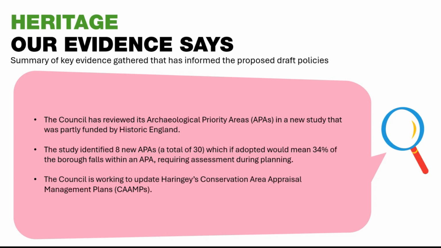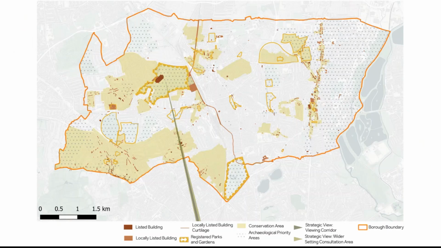The council is also undertaking ongoing work to update our CAMPs, our conservation area management plans. The draft plan includes a map of all of the draft heritage designations. This includes mapping out where listed buildings, local buildings and our registered parks and gardens are. But what we can see here is the archaeological priority areas also in the grey dots.